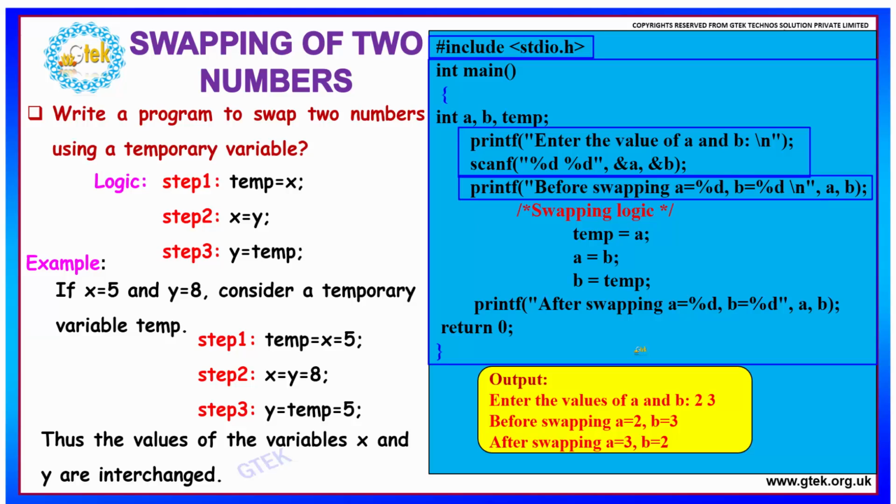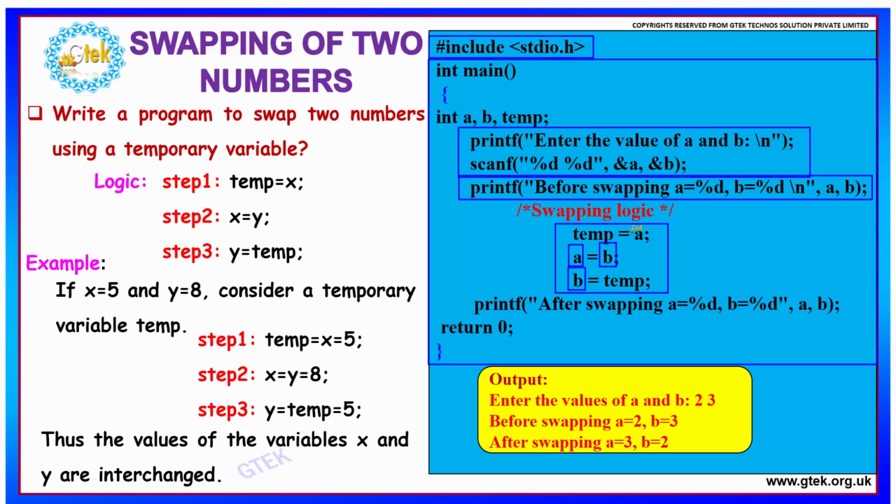so that we have a clear output of what the numbers are before swapping. And using the similar logic what we have explained before, we'll be taking the value of the first number to temp and the second value to be our a, and we'll assign the value stored in our temp to be b. So now our a will have the value of b and our b will have the value of a.